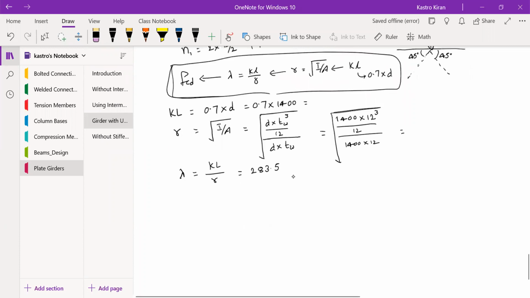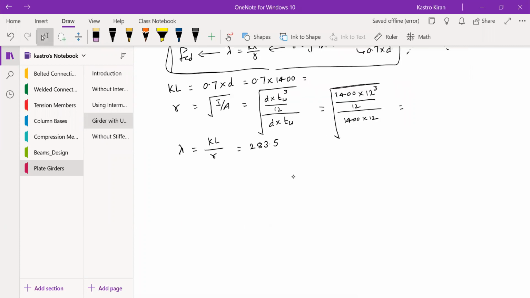So now you know the value of slenderness ratio, that is lambda.